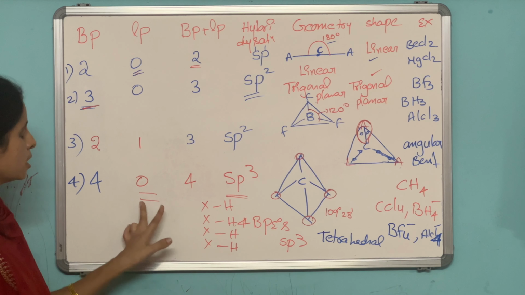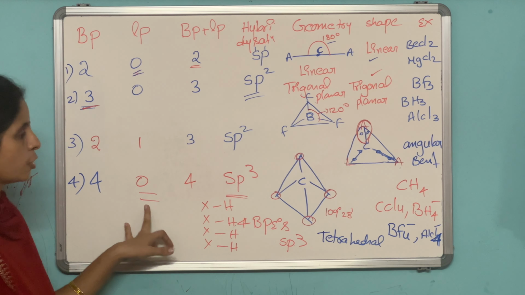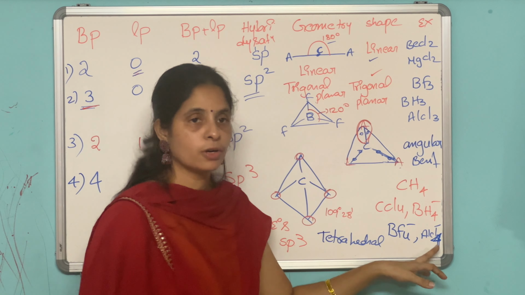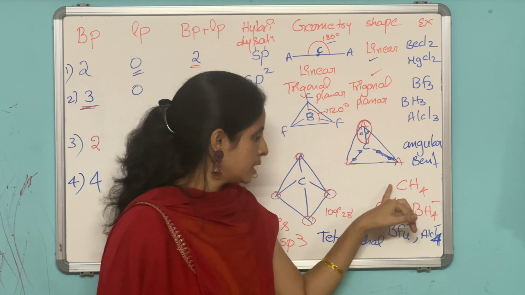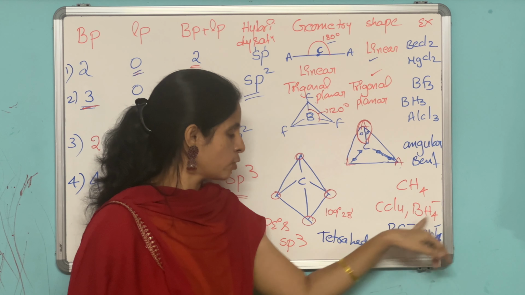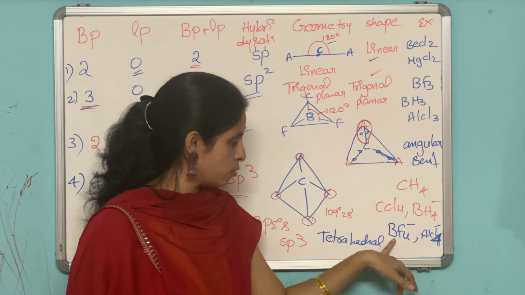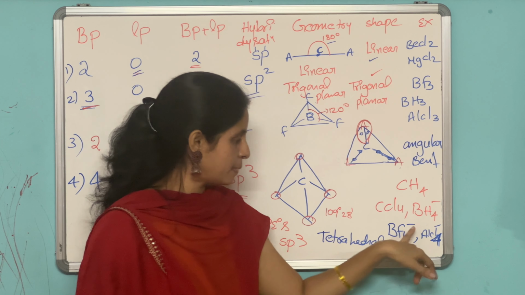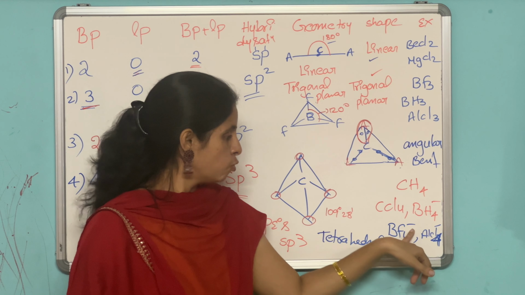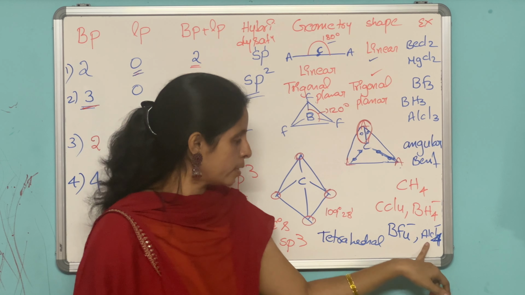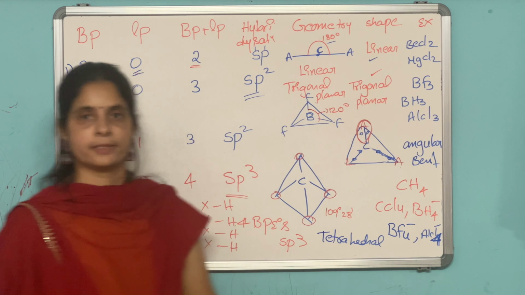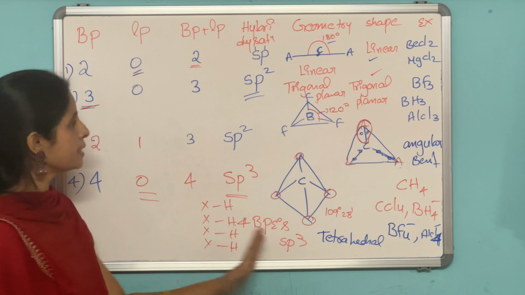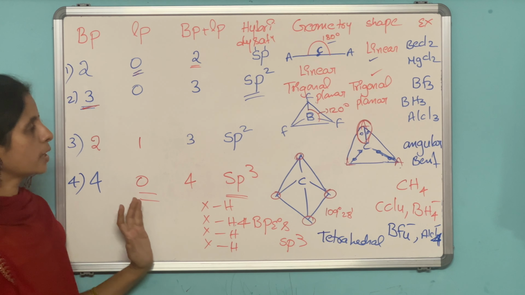So here lone pair of electrons is 0. You can write these examples so that you can practice. BF4 minus: boron belongs to third group, 3 plus 1 because of the anion, 4 fluorine atoms. Aluminium also belongs to third group, 3 plus 1, 4. So 4 bond pairs. Clear. Okay. All these are examples.